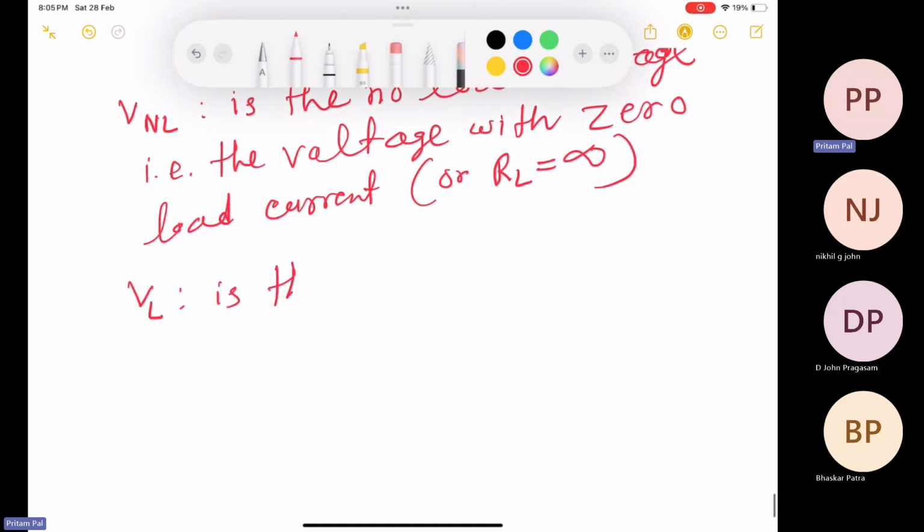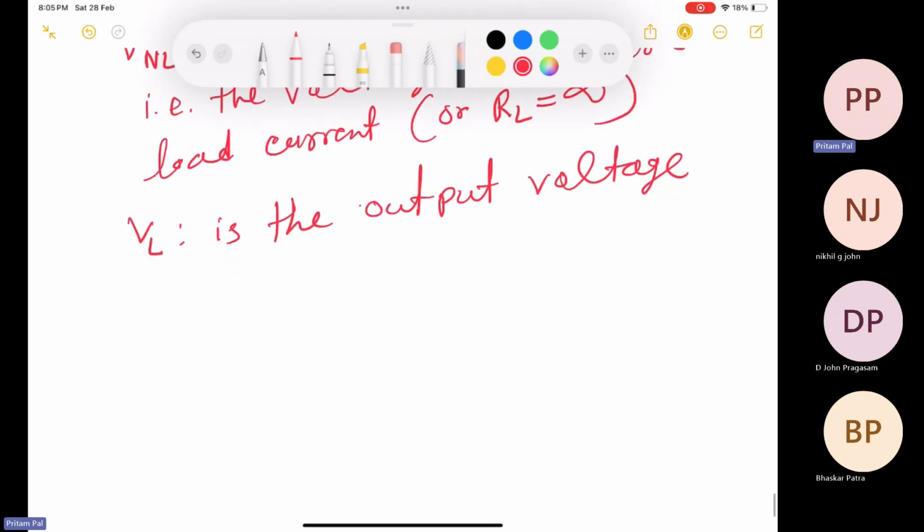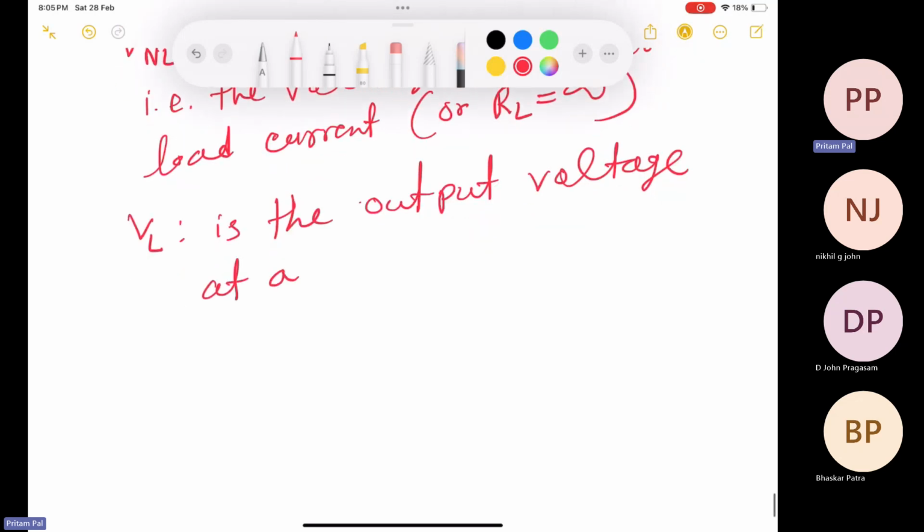VL is the output voltage at a particular rated load current.